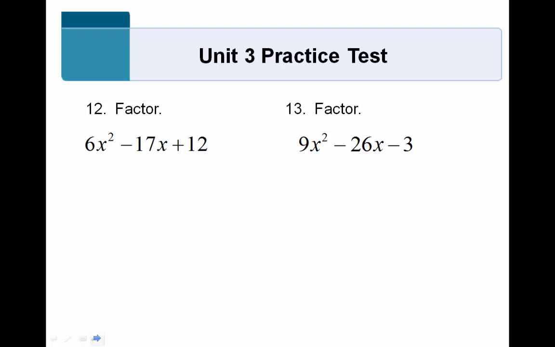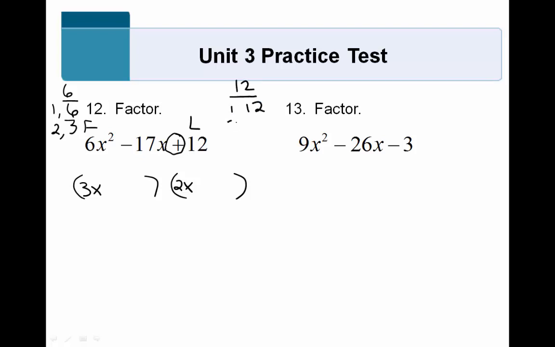Signs will be the same in my binomials because that's positive. Factors of 6: 1 and 6, or 2 and 3. I will start with 2 and 3 since they're closer together. So 3x times 2x. Factors of 12: 1 and 12, 2 and 6, or 3 and 4.